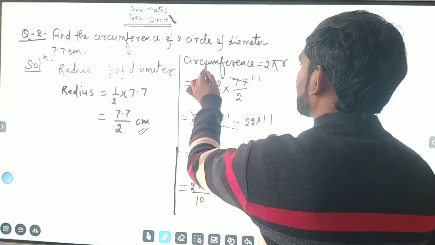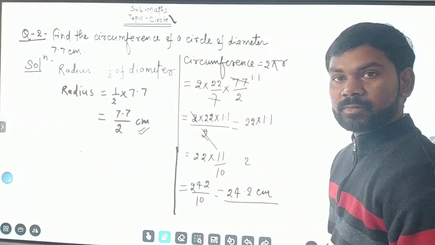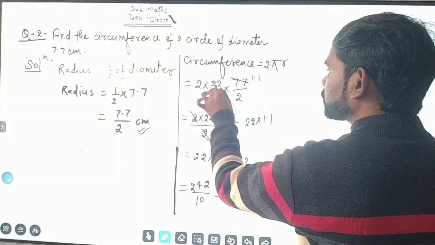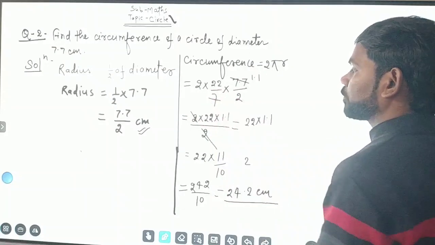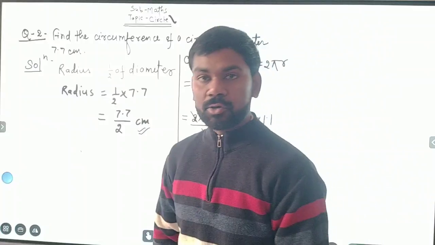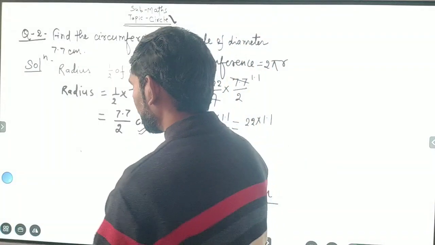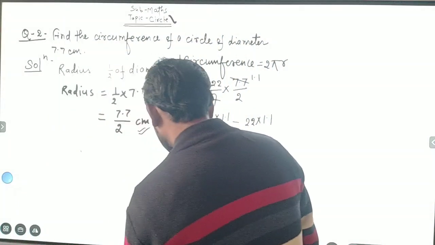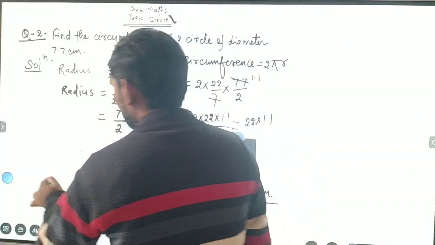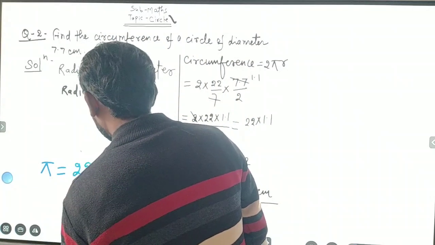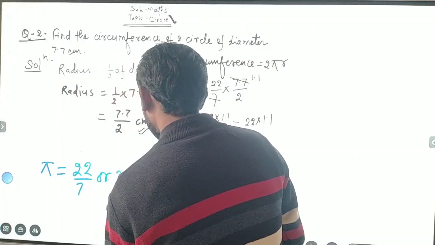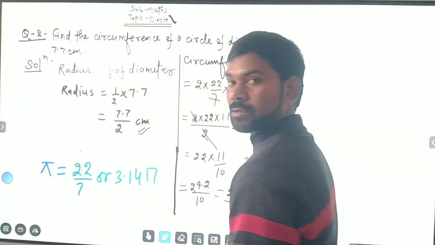Since circumference is equal to 2 pi r, we substitute the values. This is 2, and the value of pi is 22 upon 7. As I told you earlier, the value of pi is equal to 22 upon 7 or 3.1417.